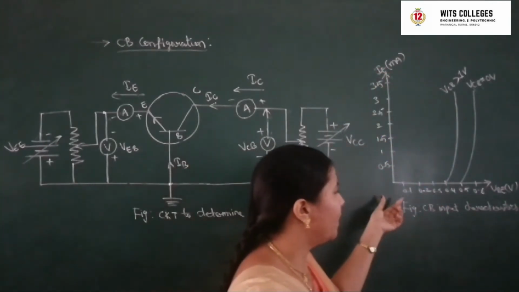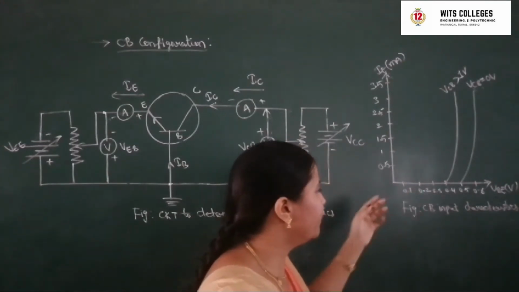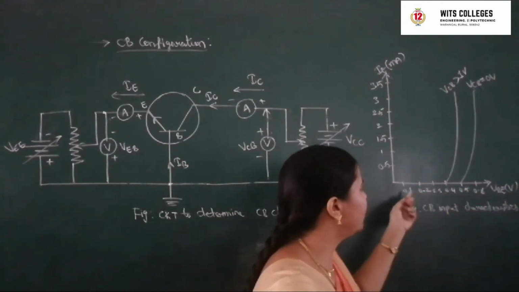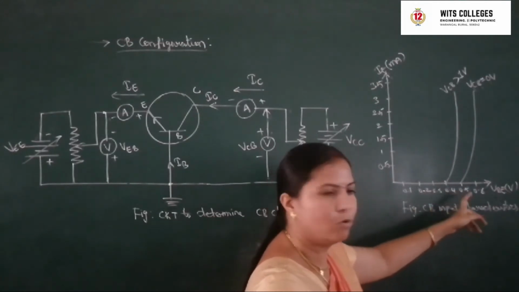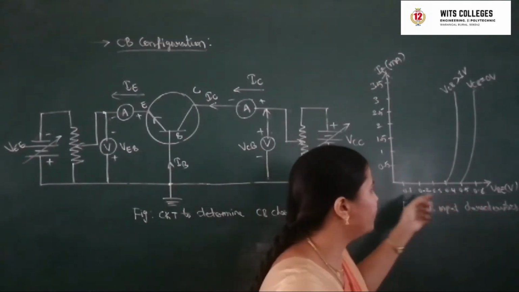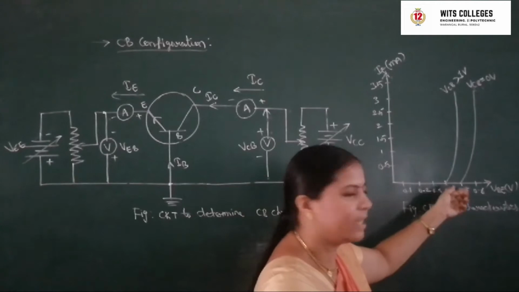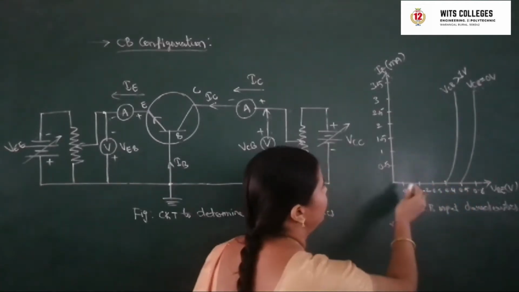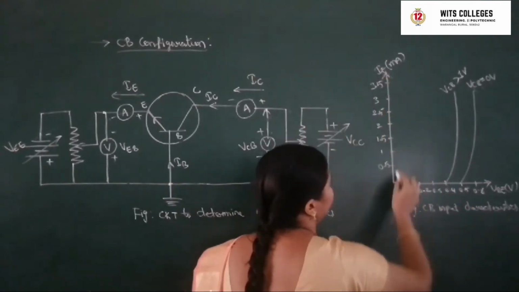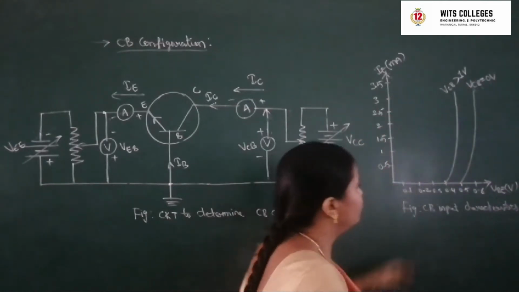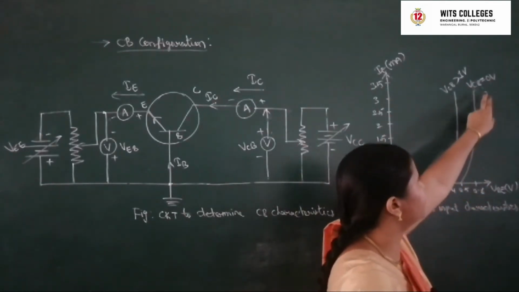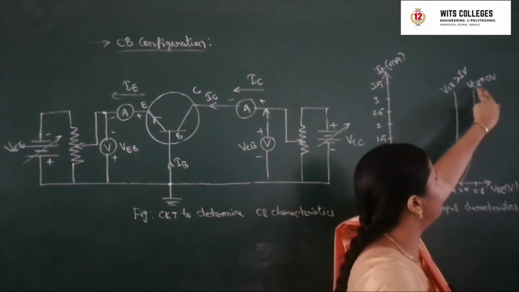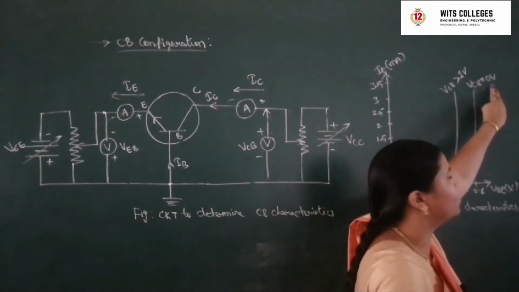If you observe these characteristics, here we are varying the base to emitter voltage stepwise. We are increasing the base to emitter voltage, and the emitter current varies like this. First we have to keep the collector to base voltage constant at 0 volts.